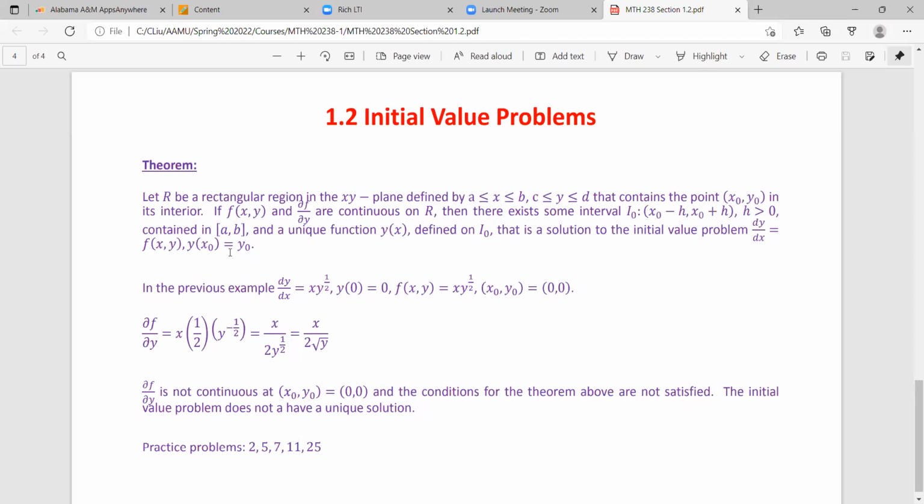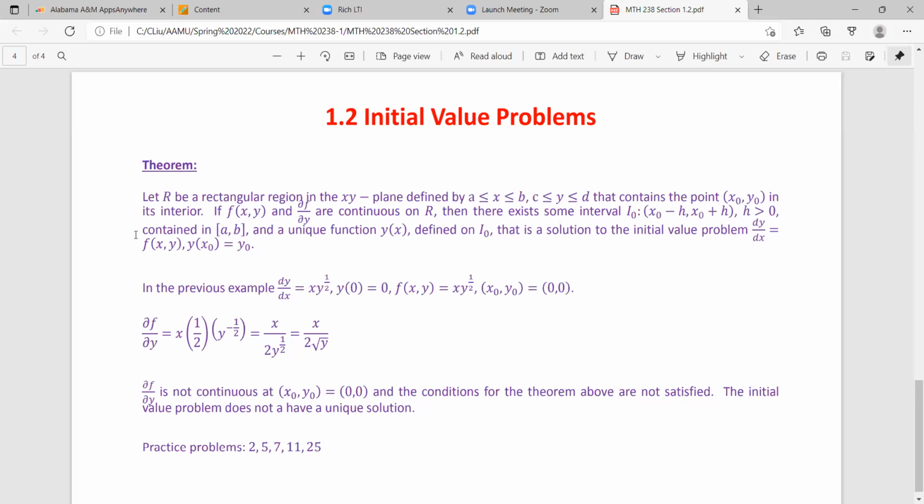Can you repeat that one more time? Okay. So how do we know this initial value problem, dy/dx equal to f, y of x0 equal to y0, has a solution, and how do you know the solution is unique?